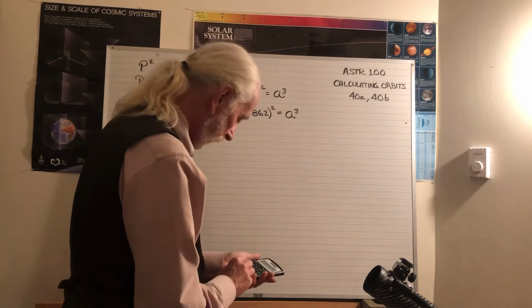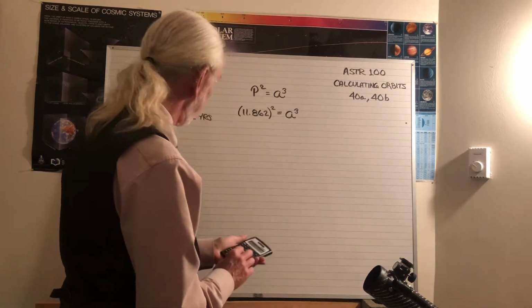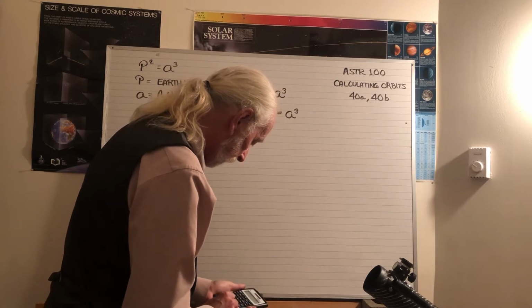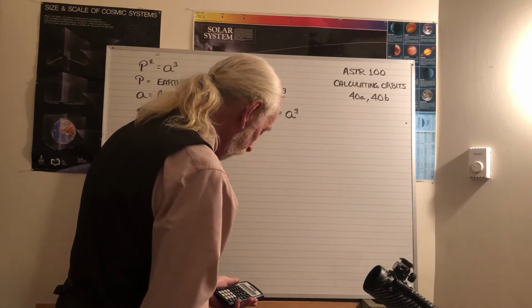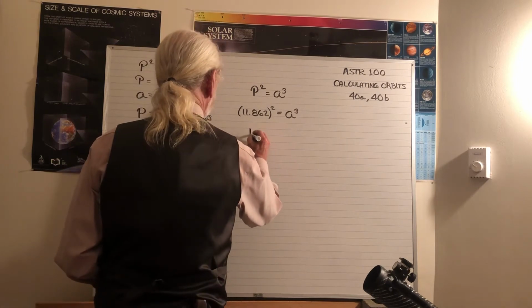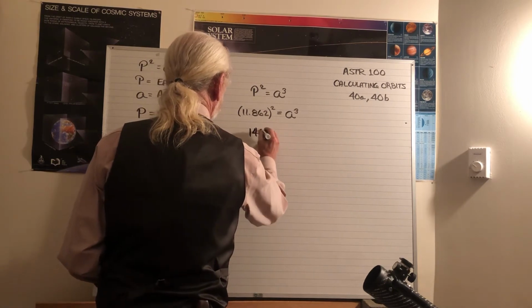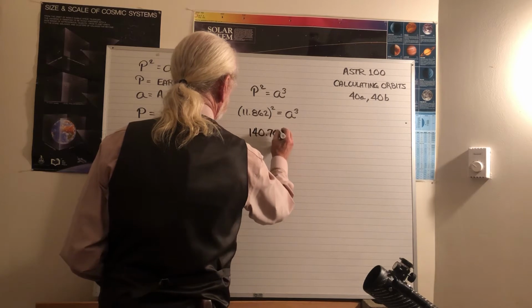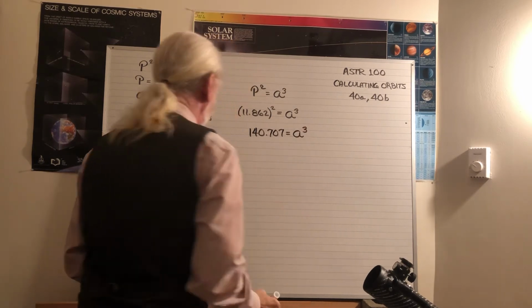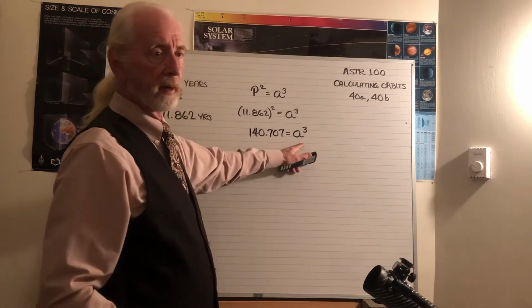So 11.862 squared, I'm showing 140.707. Okay, that equals a cubed, but I want a.